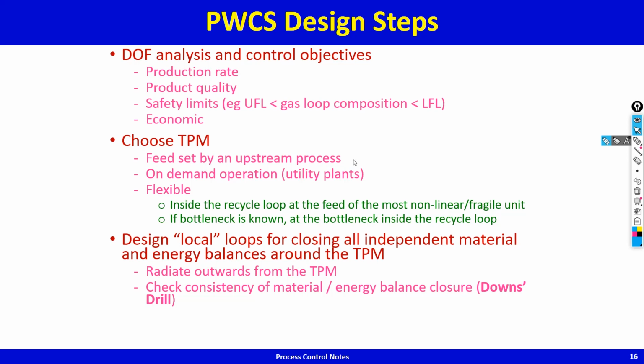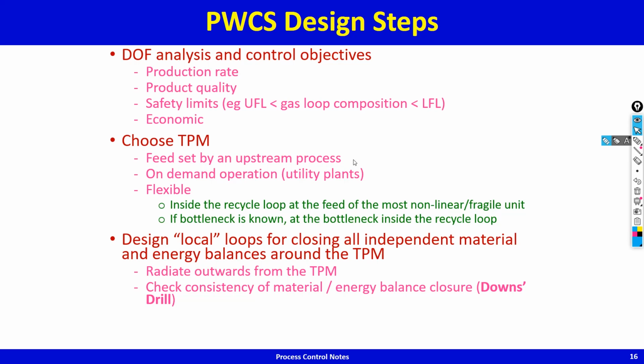And once you have made sure that all drifting modes are closed, all subtle balances are also closed, then you're convinced that you've got a consistent control structure that will take my process to a steady state.